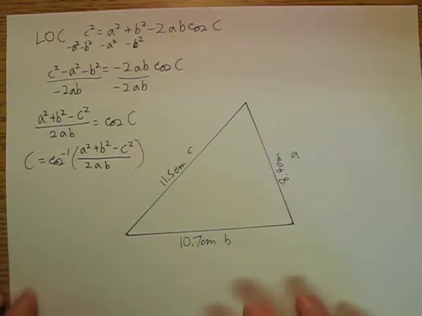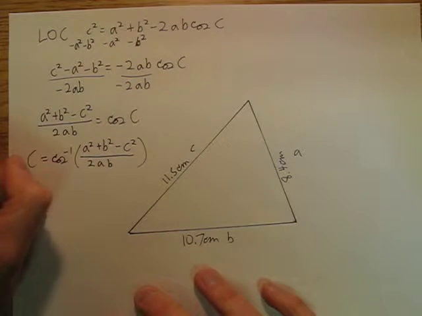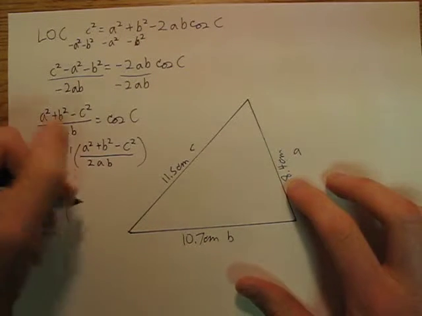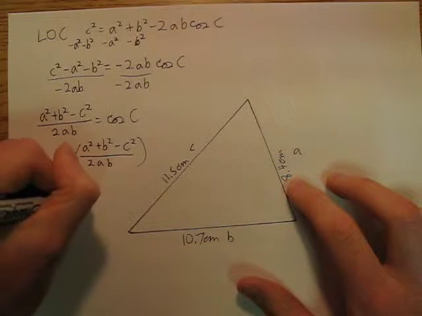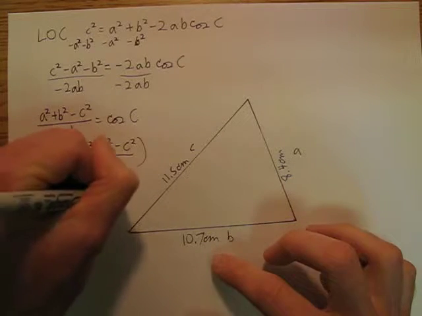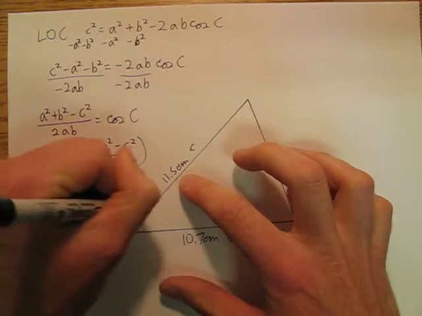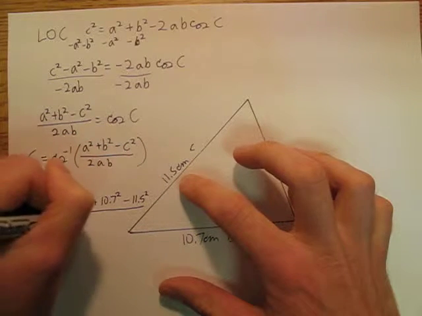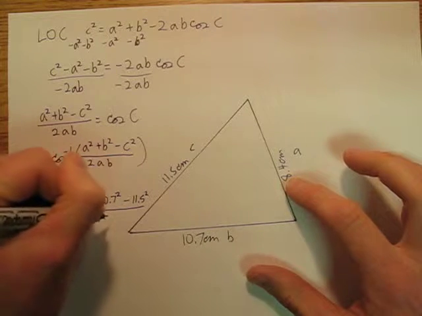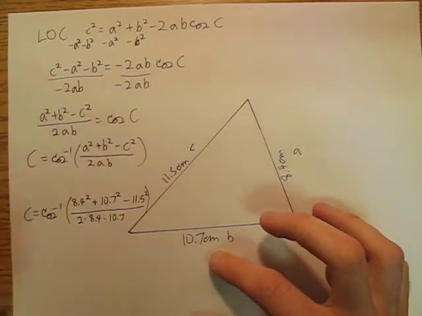Now I'm going to plug in my numbers. So C is going to be cosine inverse of 8.4 squared plus 10.7 squared minus 11.5 squared over 2 times 8.4 times 10.7.